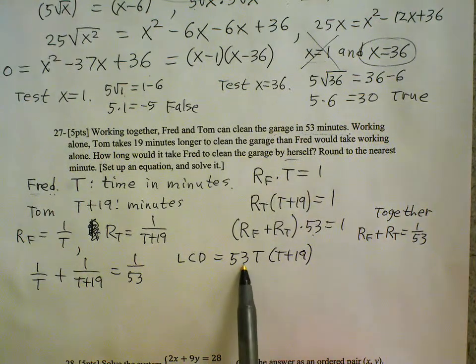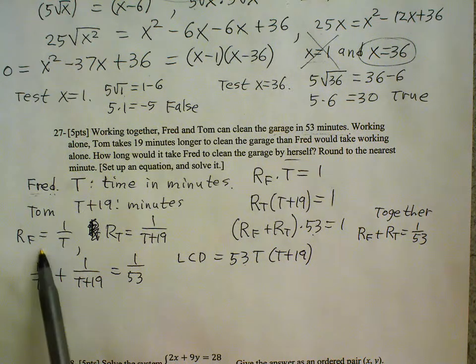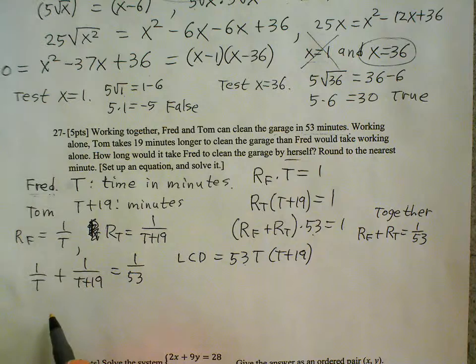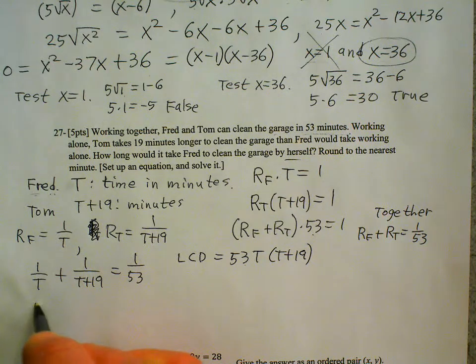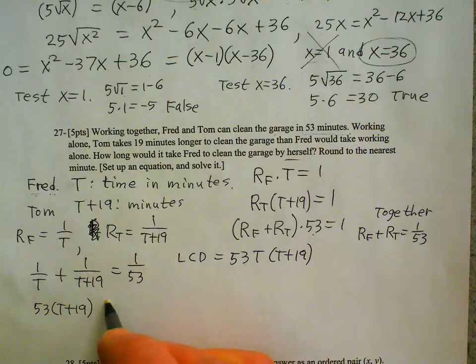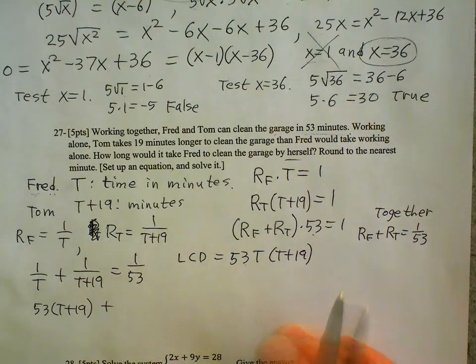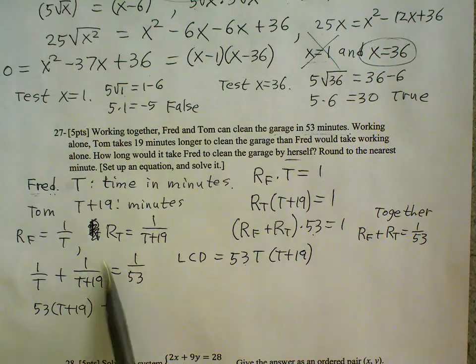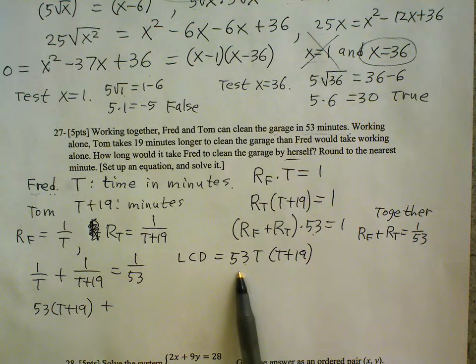When we multiply the least common denominator by 1 over t, the t's cancel, and we'll be left with 53 times t plus 19. And then multiply the next term, 1 over t plus 19 times the least common denominator.